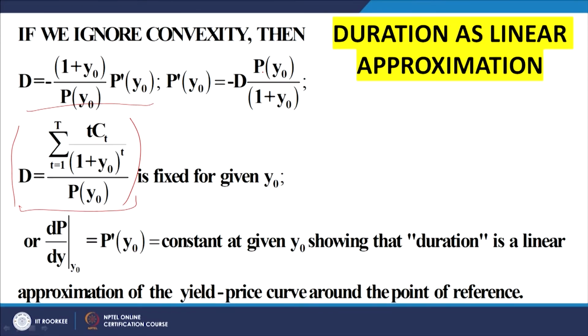So, the net result of what I am trying to say is that in P dash y 0 is equal to minus D into P y 0 upon 1 plus y 0, the right hand side is completely specified at a point on the yield price curve. Given a point on the yield price curve, the entire quantity on the right hand side is known and is constant. What does it mean? It means that the slope of the yield price curve is constant.